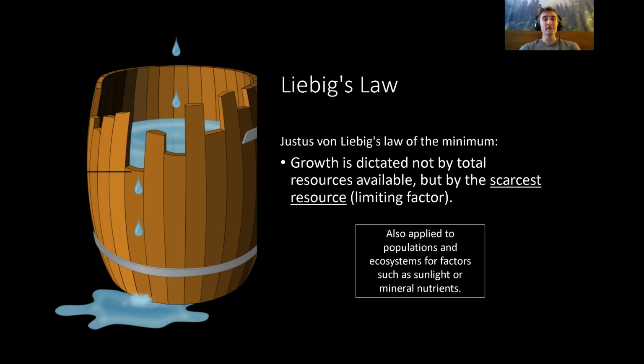Then if you can lengthen that piece of wood, the water can rise up to the next lowest plank. That illustrates the law of the minimum: it doesn't matter about the total amount of nutrients. All that matters is the one that's available in the least amount.